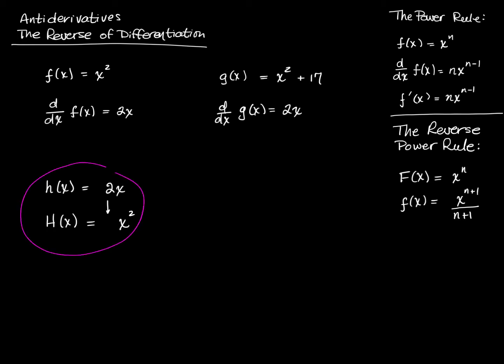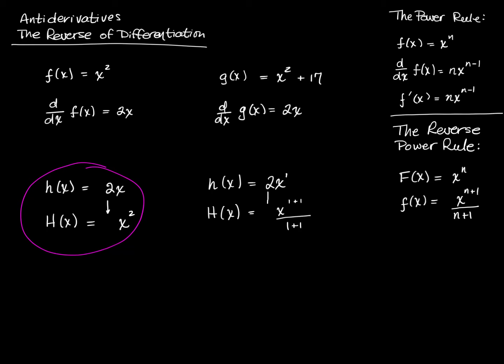Let's pretend we hadn't done this problem here yet. If I give you a function, h of x equals 2x, and we can see that's 2x to the 1, then the antiderivative of that function, it's a polynomial, must be x to the power of 1 plus 1 divided by 1 plus 1.